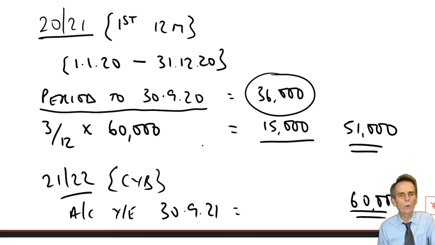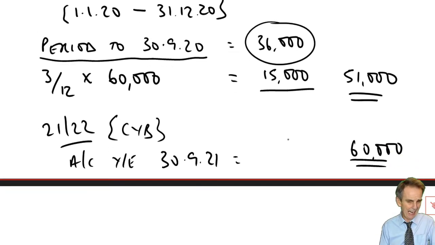We have what we will come to know as an overlap there in terms of a particular figure of profit, here 36,000, a part of that period, the first 3 months of it, has fallen in not just to one tax year, the first tax year, but into 2 tax years. It's the basis of assessment for the first year, and it's a part of the assessment for the second year.